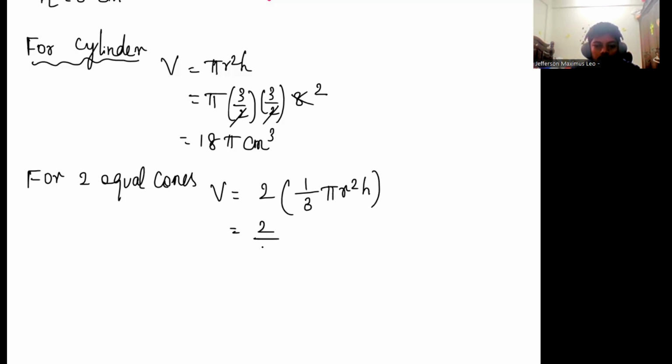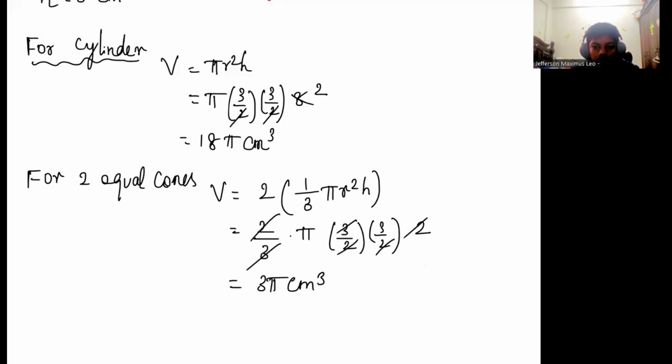That is 2 by 3 pi, r square is 3 by 2, 3 by 2, and the height is 2. This 2 gets cancelled, this 3 gets cancelled, this 2 also gets cancelled, only 3 pi is left. So 3 pi cubic centimeter. Now adding both.